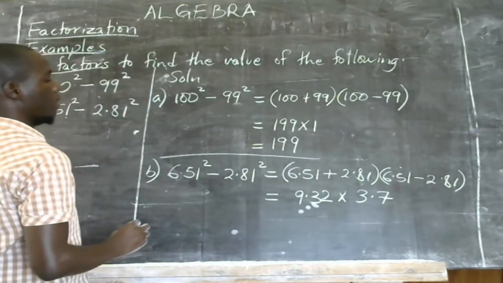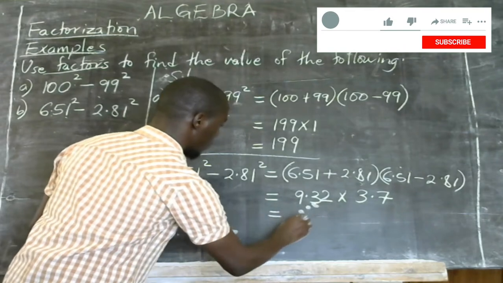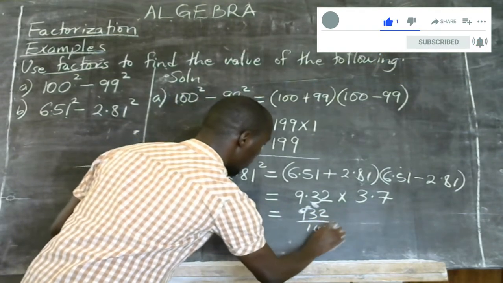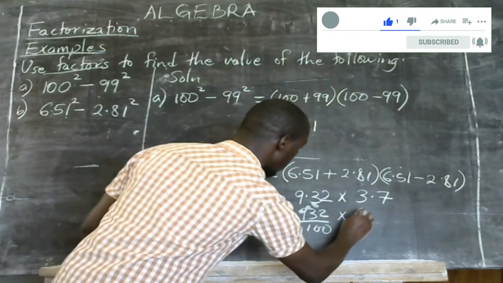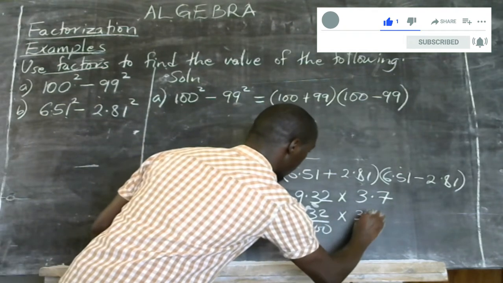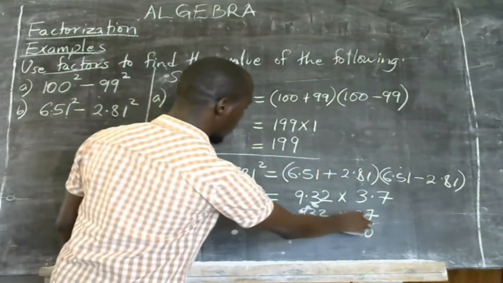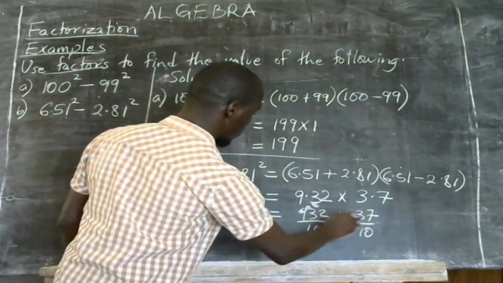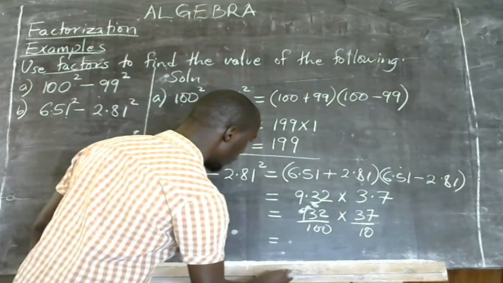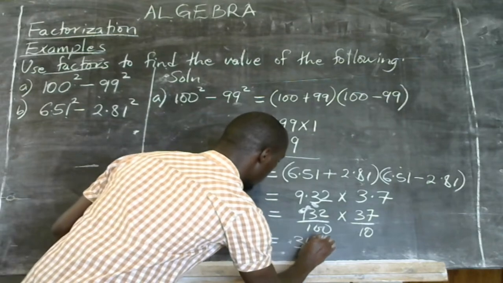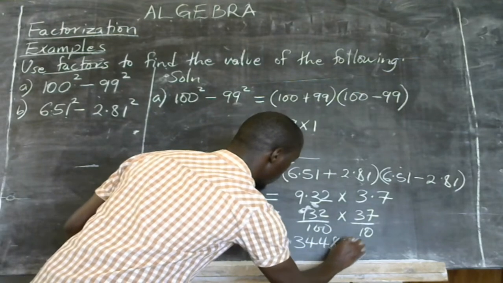So I can first write this as 932 all over 100, then times 37 all over 10. Then now I can multiply the numerator and also multiply the denominator. So when I multiply in the numerator, I'm having 34484.